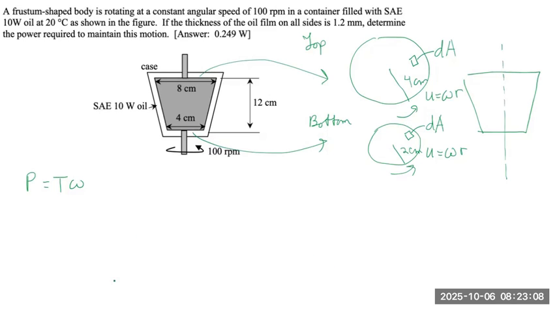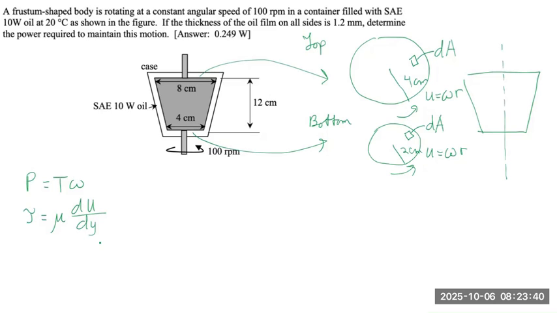In this case, we use the relationship for shear stress: tau is equal to mu times du over dy, where mu is the dynamic viscosity of the fluid, and u is the tangential speed.